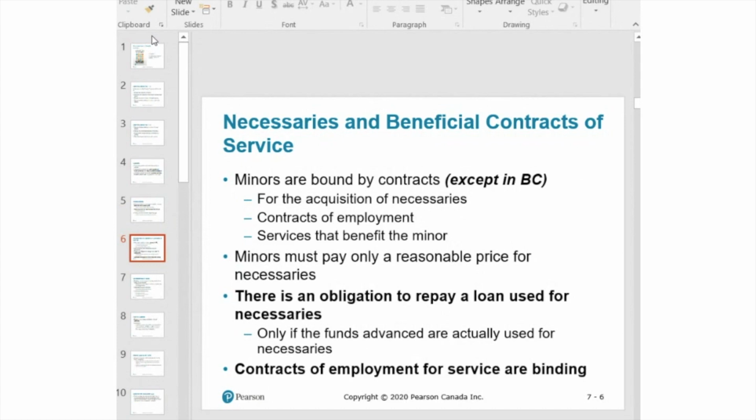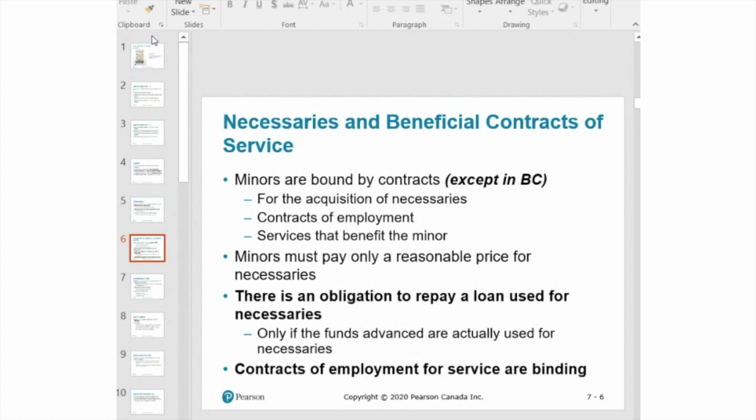So if you sell your smartphone to a minor, make sure you get paid right away. Because if you deliver your smartphone but maybe get paid in a week or 2 weeks, and the minor doesn't pay you, you cannot sue the minor because this agreement is not binding on the minor. So this is the main lesson.